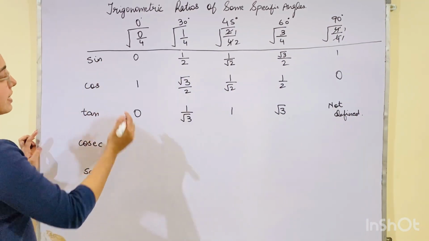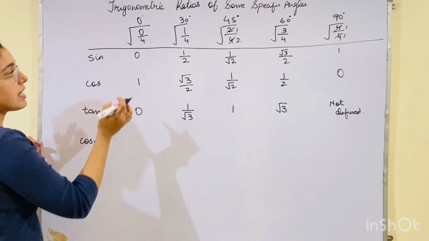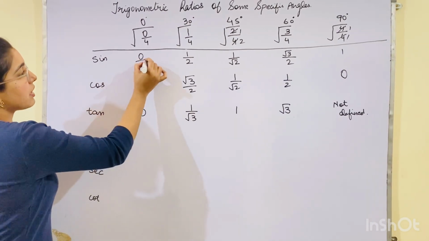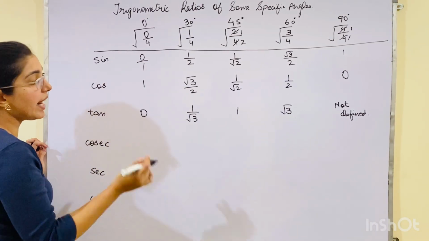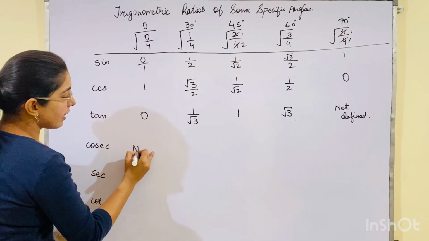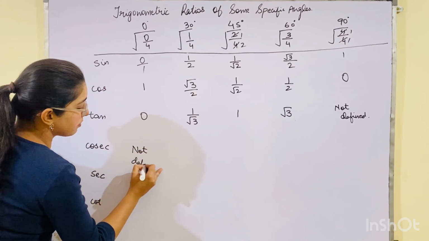Moving on. Cosec is nothing but reciprocal of sine. So it will again become, if there is nothing you can write it 0 by 1, right? So this will become 1 by 0. Again it is not defined.